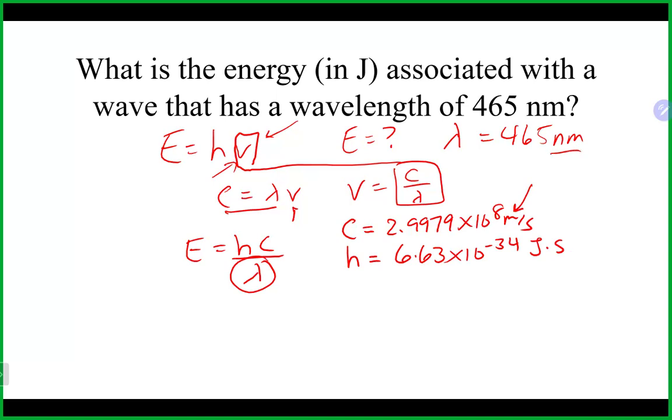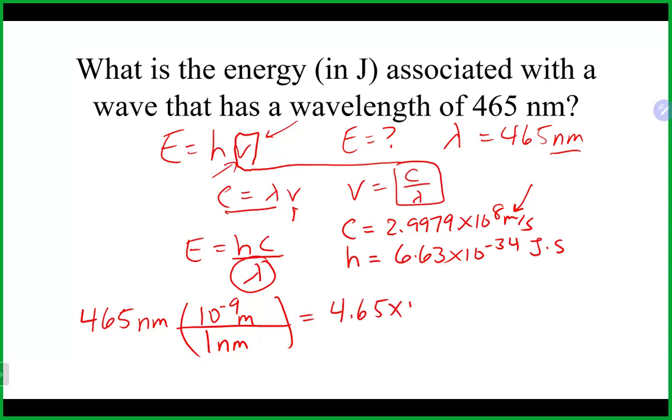Right now we're in nanometers, so we'll do that conversion first. 465 nanometers. One nanometer is 10 to the minus 9 meters, or 1 times 10 to the minus 9. That's going to give us basically 4.65 times 10 to the minus 7 meters in this case.